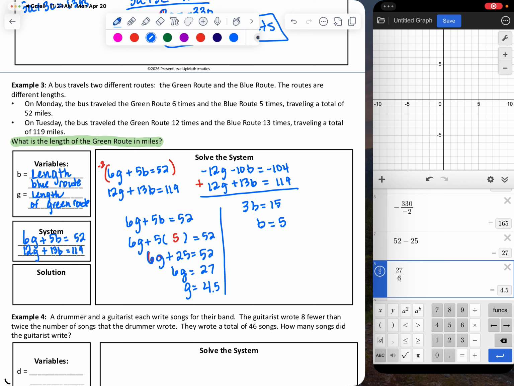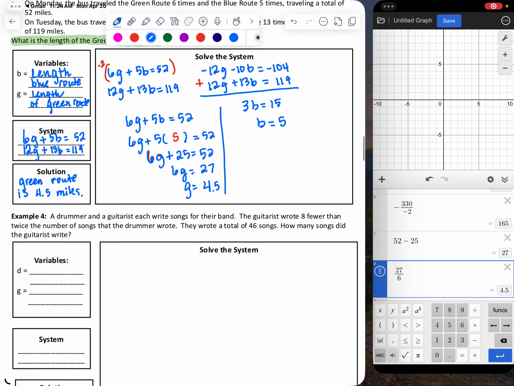So the green route is 4.5 miles. That's our solution.